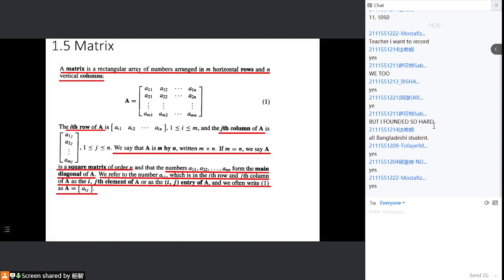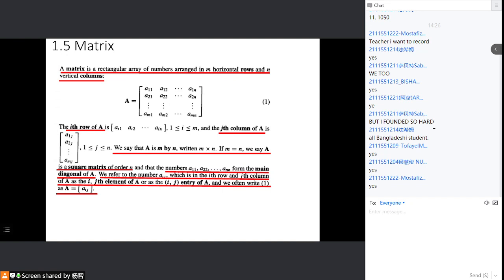Okay, matrix. Matrix is very useful. It's an array used in the computer sense or the graphic sense. If you think about graphics, you will think about video games.